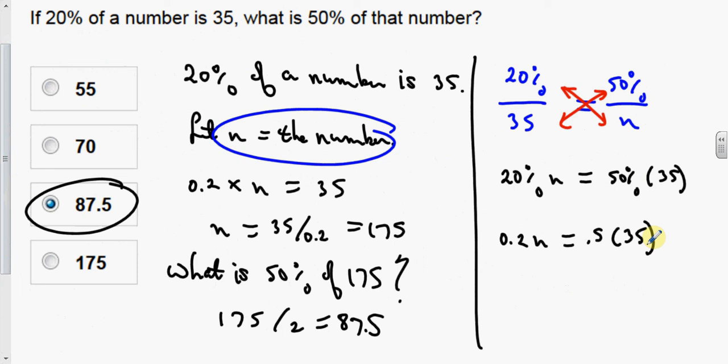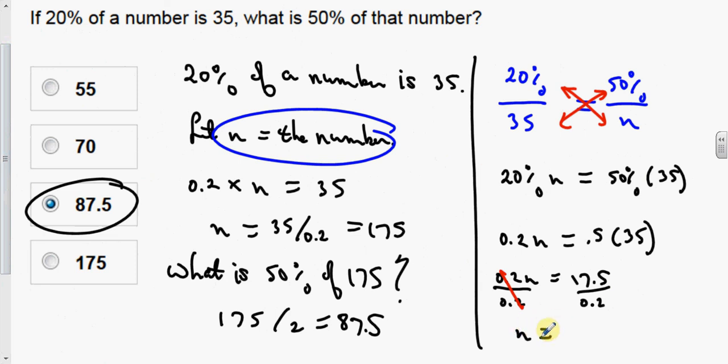So on your calculator, 35 times 0.5 is 17.5. So 0.2 n is equal to 17.5. Divide both sides by this 0.2 to get n by itself, because we're solving for it.